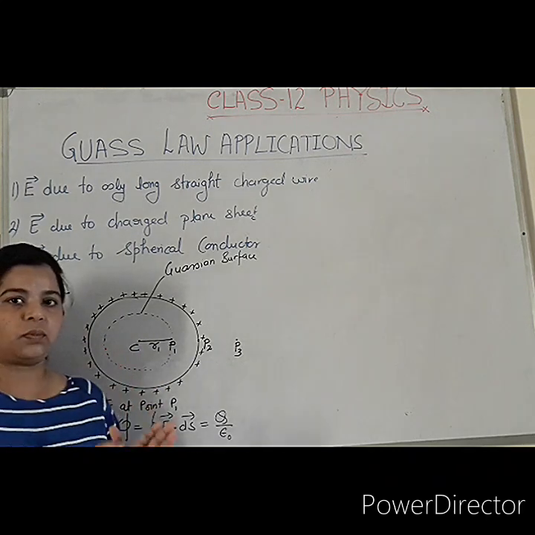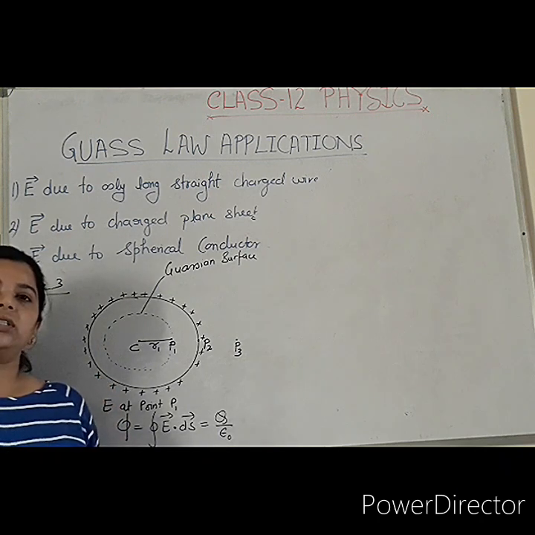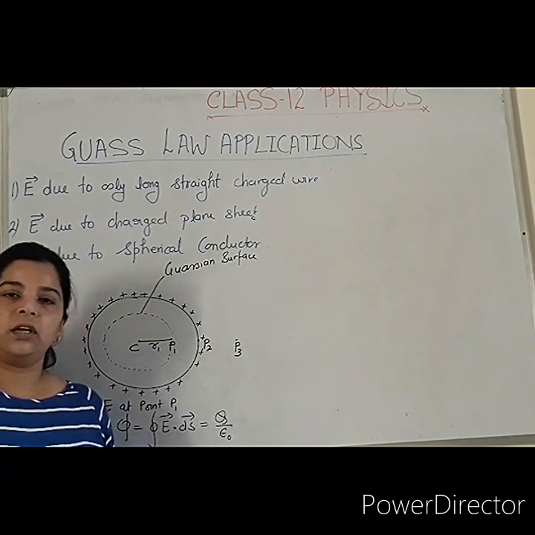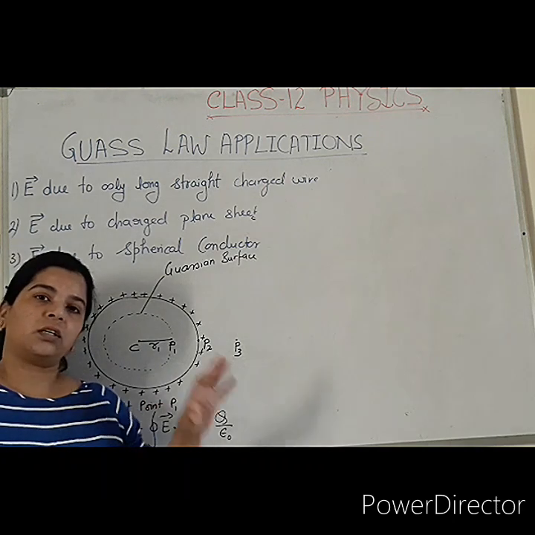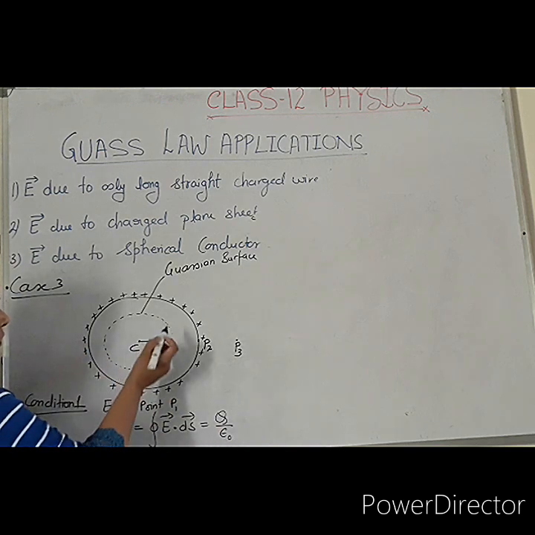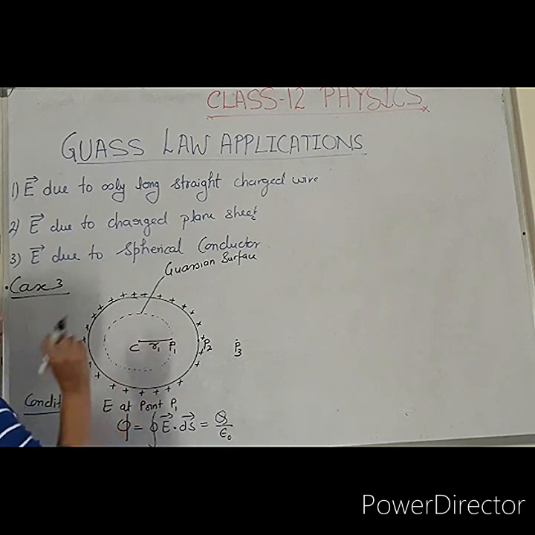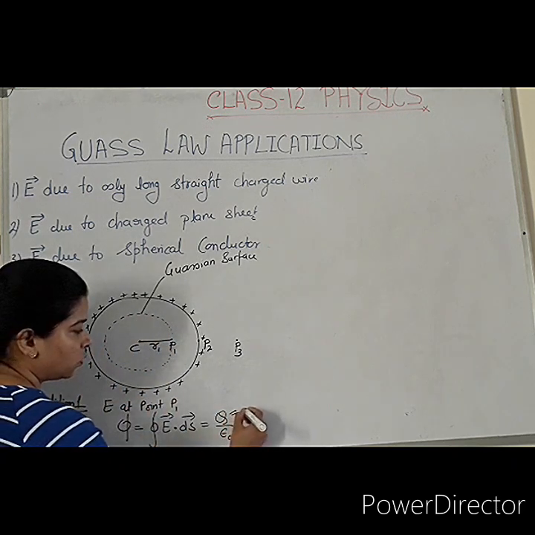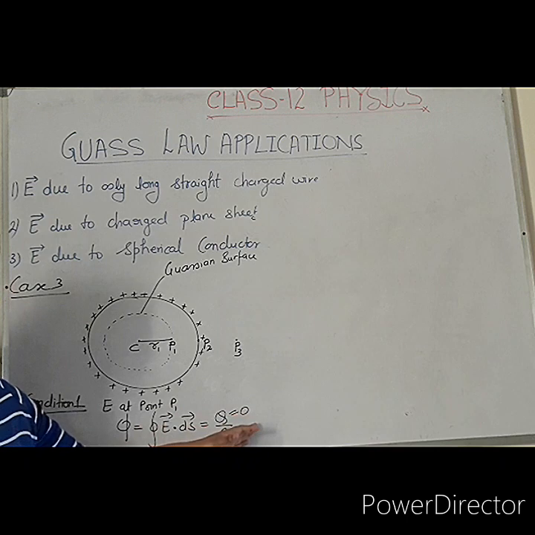Because this was the only statement of Gauss law, that the electric flux due to a charged conductor or charged body should be equal to 1 over epsilon naught times the charge enclosed by that surface. The surface is the Gaussian surface here, and all the charges must be enclosed by that Gaussian surface. The charges are present over the conductor's surface, and we have drawn this Gaussian surface inside it, so this Gaussian surface carries no charges. So here the Q value is 0. If the Q value is 0, then it is sure the electric field will also come as 0.